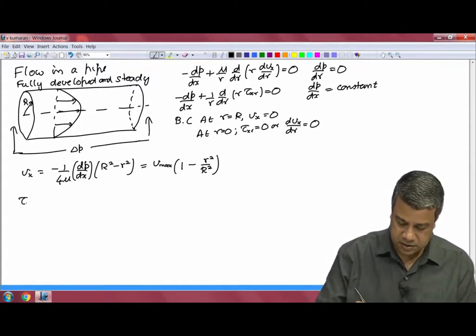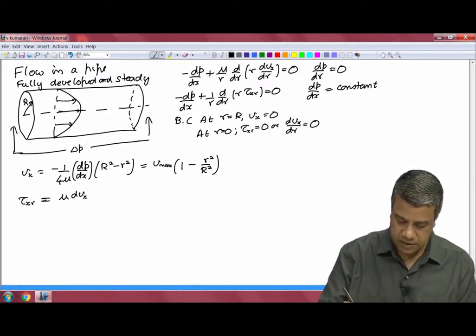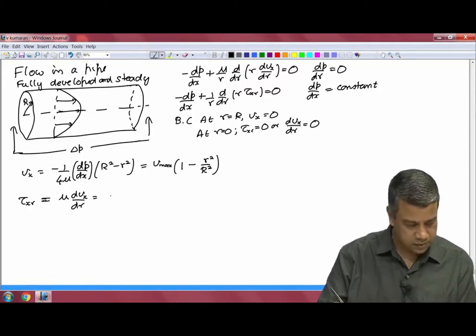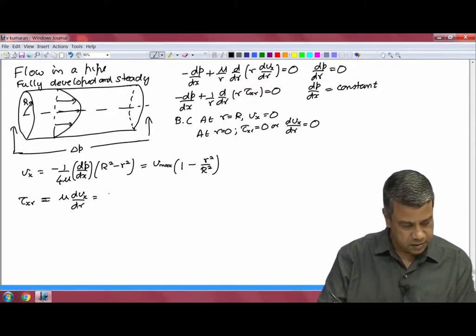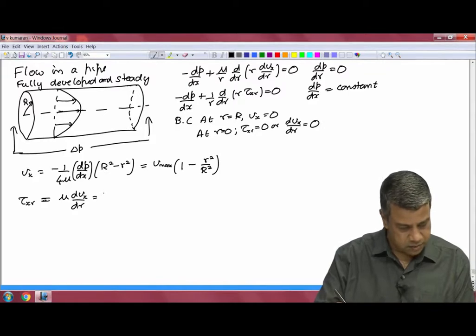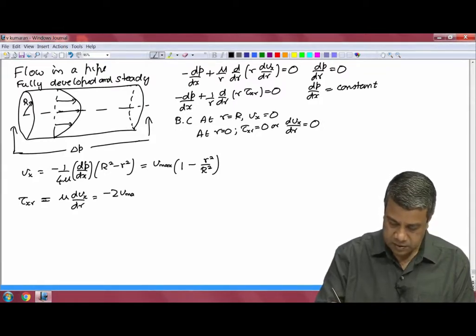The shear stress tau xr was equal to mu dVx by dr, which is equal to minus 2 Vmax r by R square.